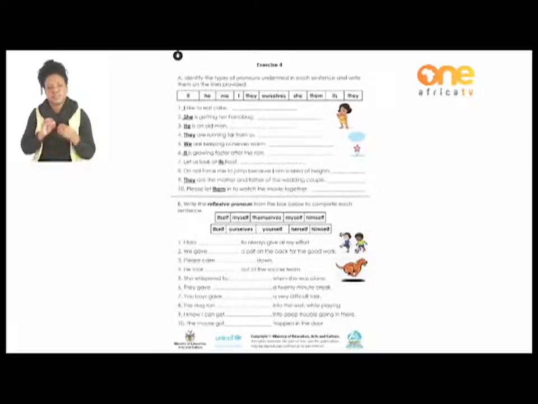Number 1, I told to always give all my effort. So now you are going to fill in the blank spaces where I say the type of reflexive pronoun. In any case, I am going to fill that one for you. I told Chanel, who? Myself, to always give all my effort.